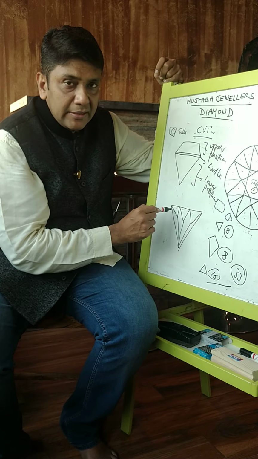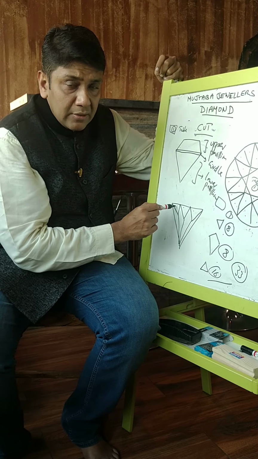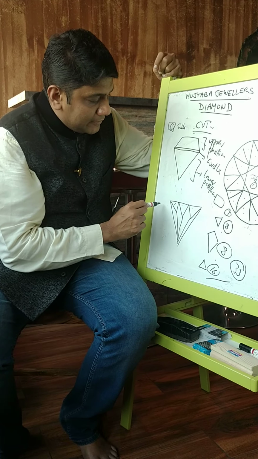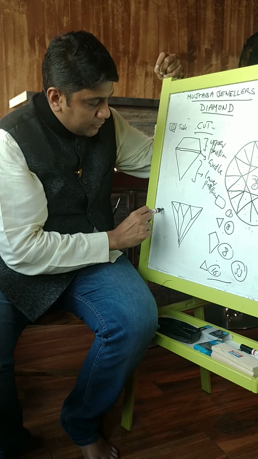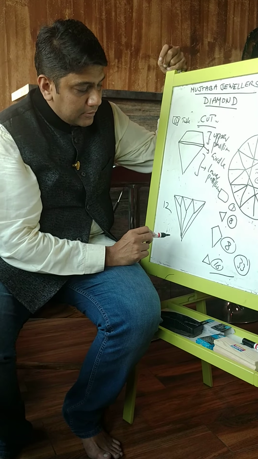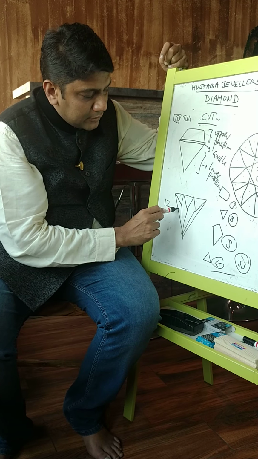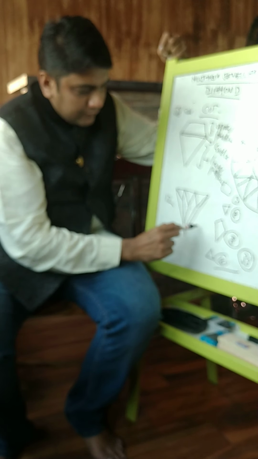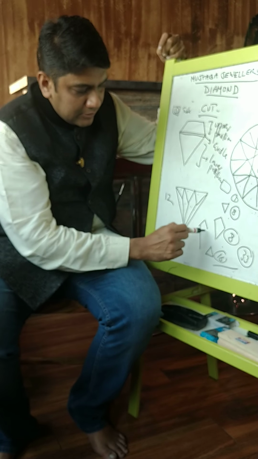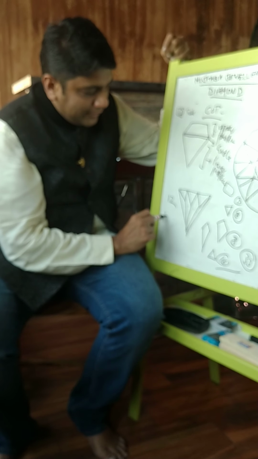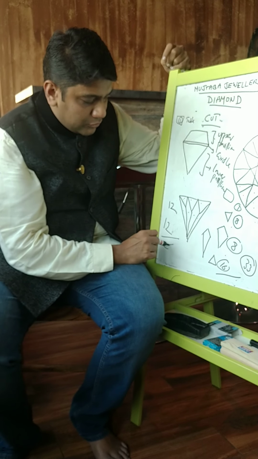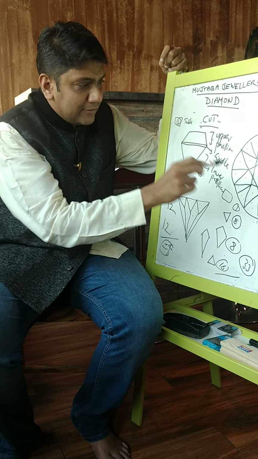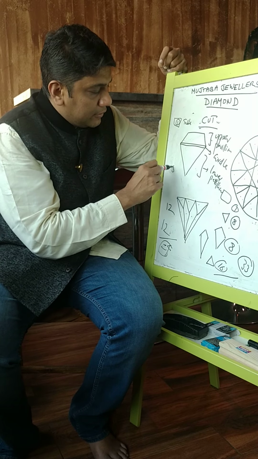These are called basically the lower pavilion facets. They are 12 in number. Then you have the longer facets, which again look like a kite. They are also 12 in number. So 12 plus 12 makes 24. So 33 plus 24 is 57.